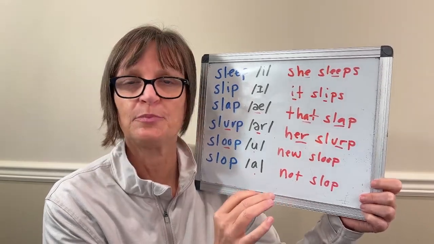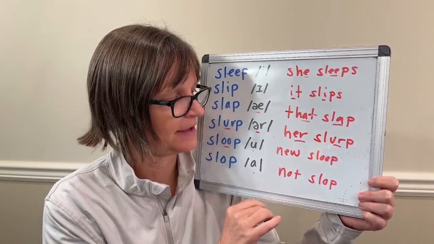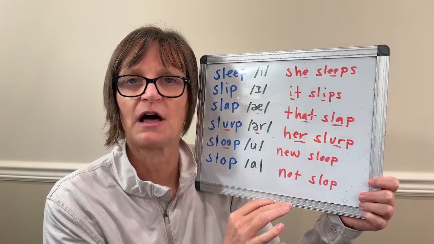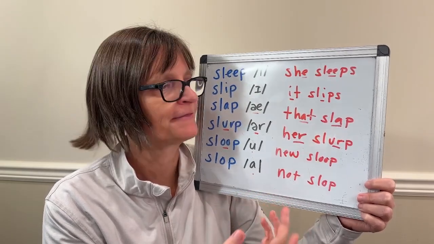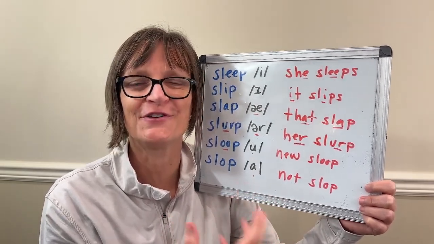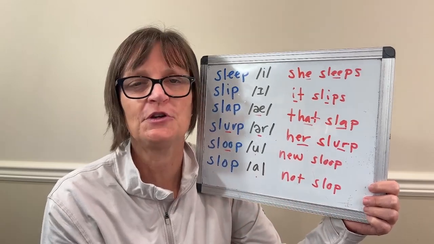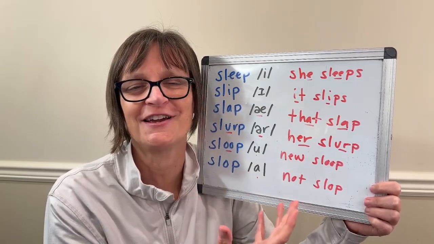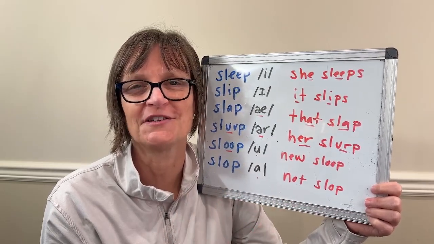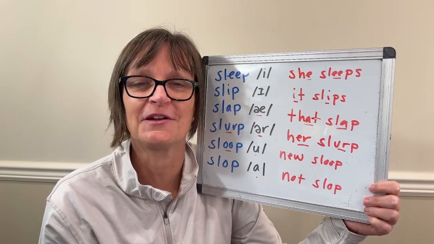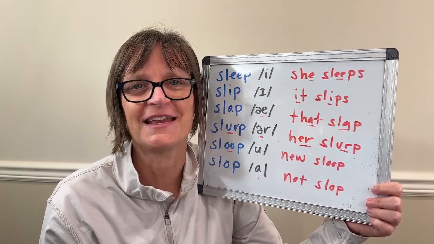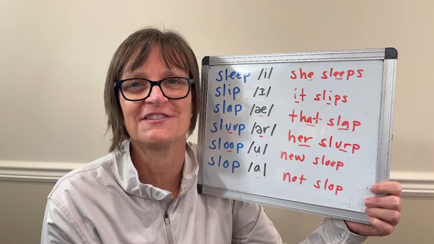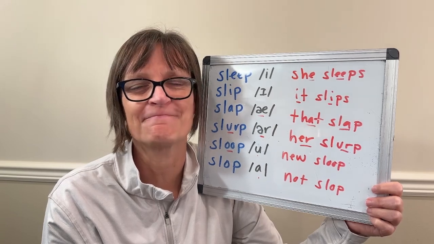A new sloop is cool, and it's not slop, it's just too hot. So I was using some other words that also had those same vowels, but you can use these words in whatever context, whatever phrases or sentences you would naturally use them in conversation, so that you can maintain and hold on to that new correct pronunciation when you're using it for speaking.